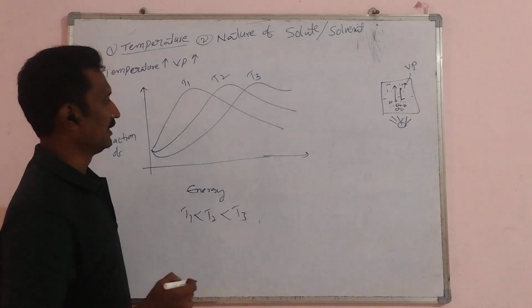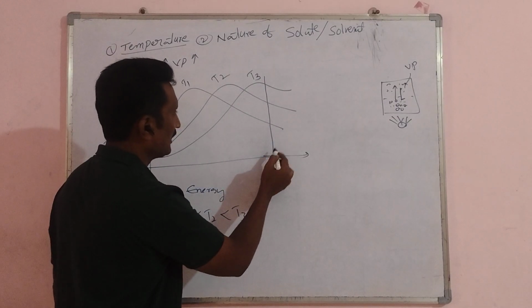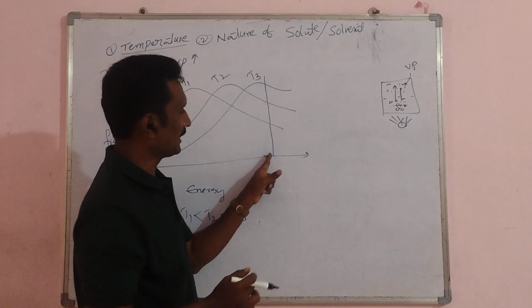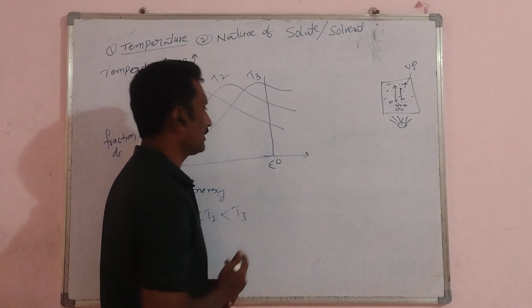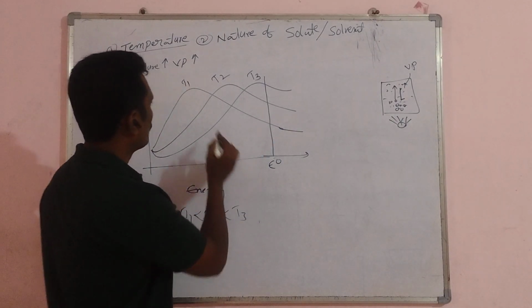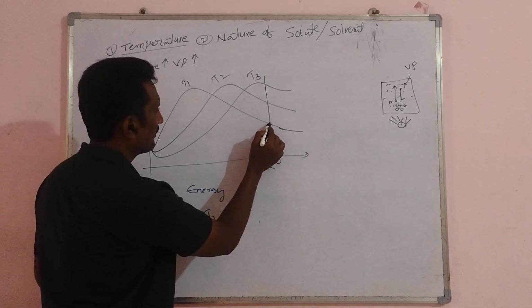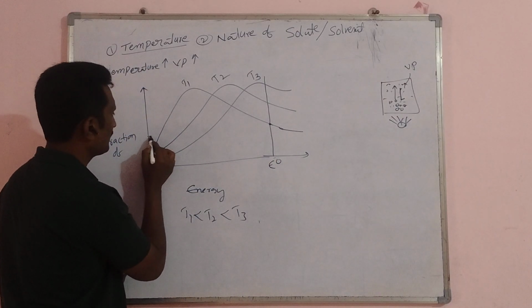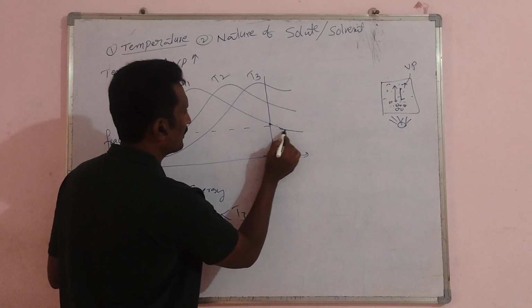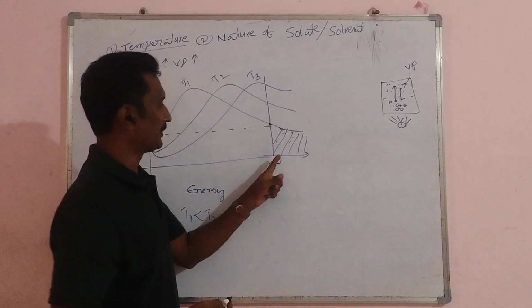For example, we can take one imaginary point, a fixed energy. For example, this is the energy E0. At E0 energy and at T1 temperature, this is the fraction of particles. At T1 temperature, how many particles are involved here? This is the number of particles involved in the boiling process at T1 temperature.